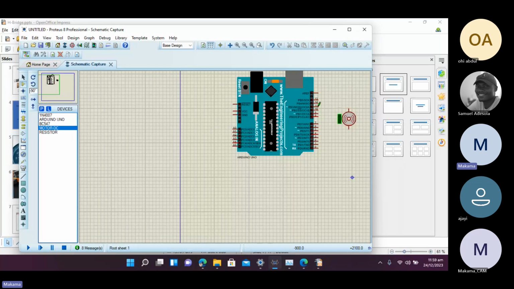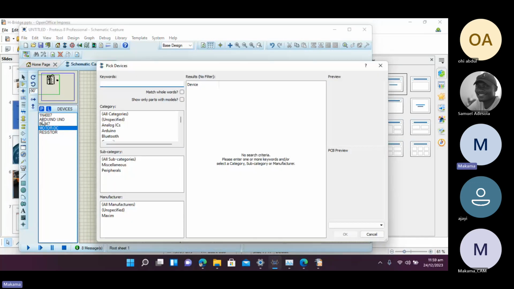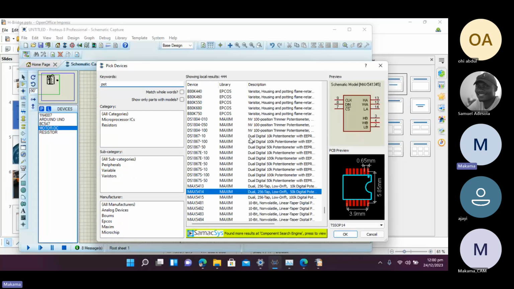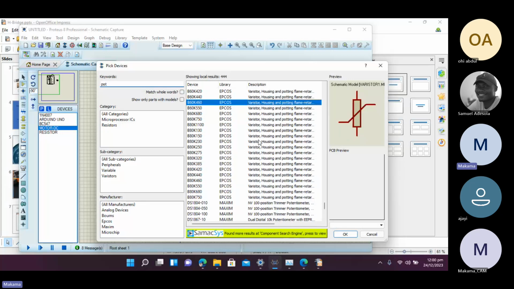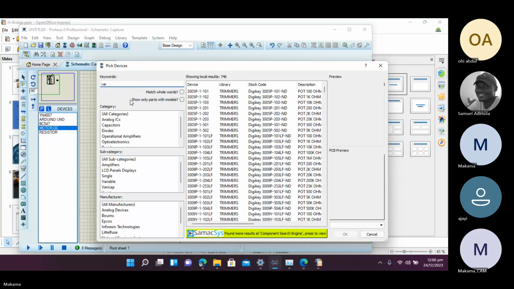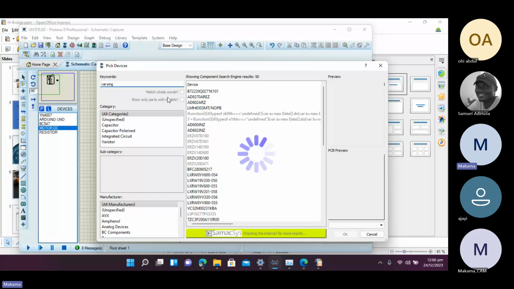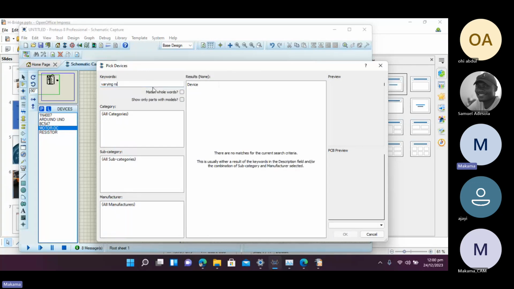Then get in my potentiometer. Okay, this one is just a model, I think. We need to find the one that can be adjusted.